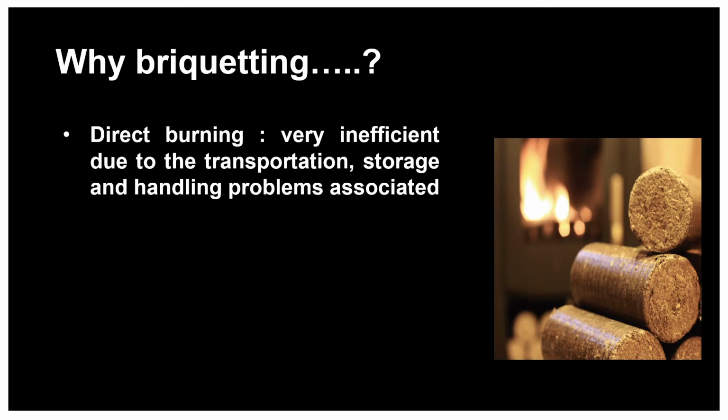Direct combustion of biomass materials gives an efficiency of only 10 to 12 percent, and the energy density in biomass material is very low. So to get some amount of energy we have to burn a large amount of biomass, and storing this large amount in a single room also requires more space.